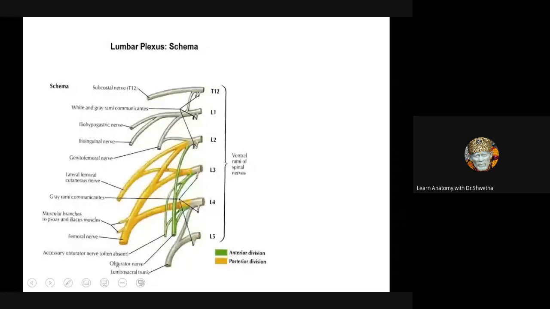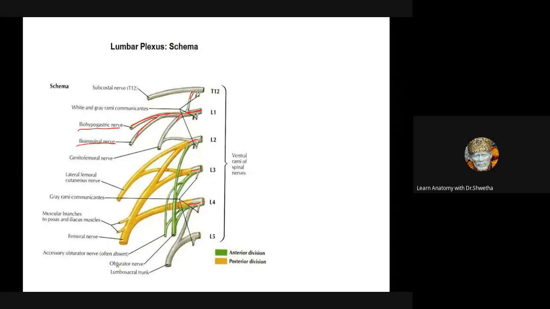Please pay attention, students. As you all said, the lumbar plexus is formed by the ventral rami of L1, L2, L3 and L4, with the contribution of T12, right? Now, the ventral ramus of L1 divides into a large upper part and a small lower part. From the large upper part, two branches are obtained, namely the iliohypogastric nerve and the ilioinguinal nerve.